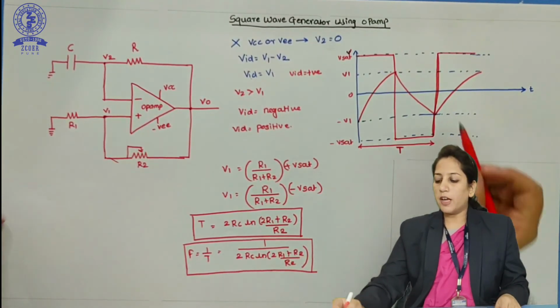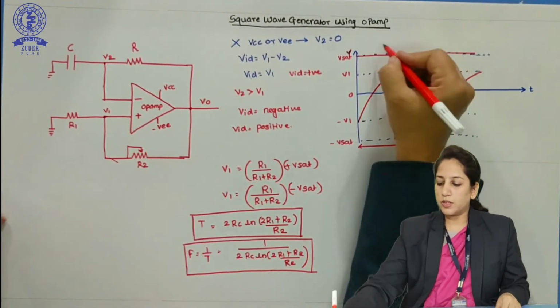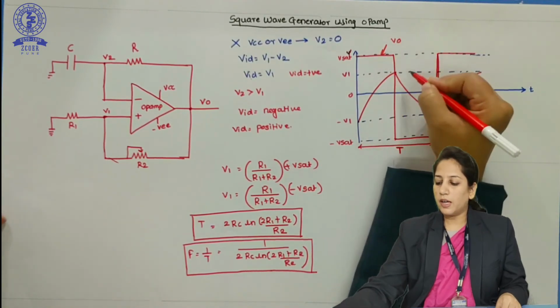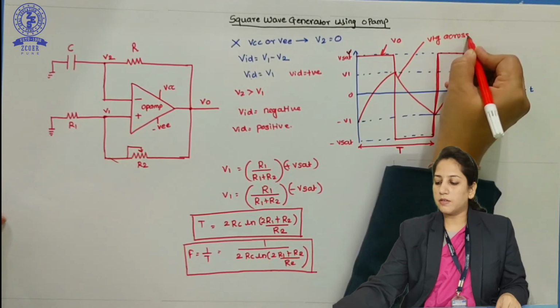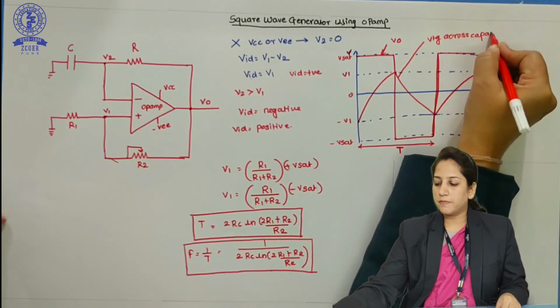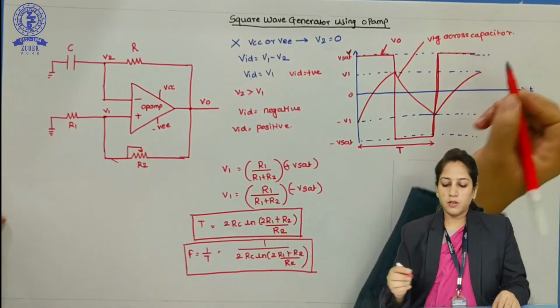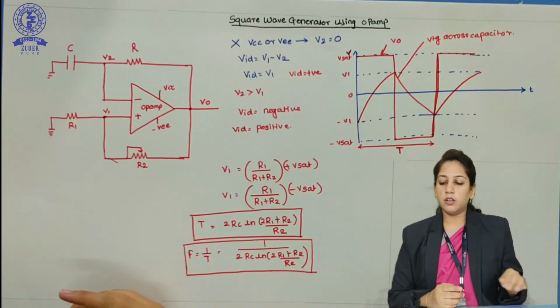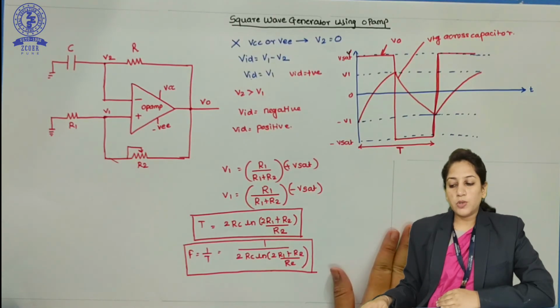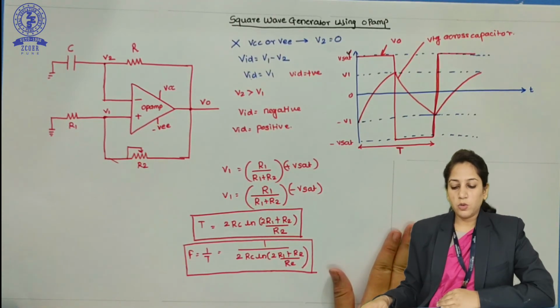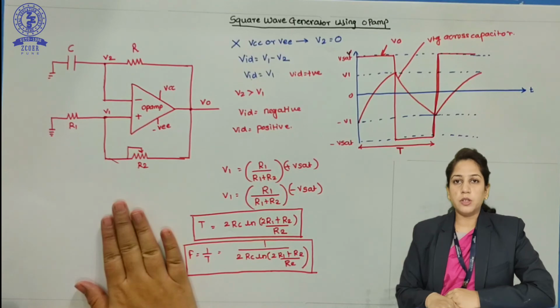So in this way we have got an output voltage. This is the output voltage V0 and this is the voltage across the capacitor. So in this way we have got a square wave generator. We have seen a square wave generator using an operational amplifier, using these several components.